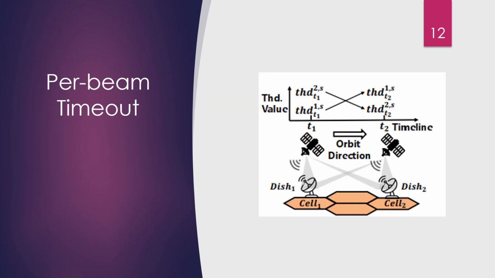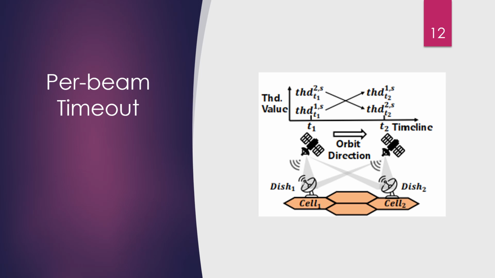Now, let me introduce the second key mechanism in SatGuard. It's the per beam timeout. In LEO networks, satellites use multiple beams to serve different areas, and each beam may experience different delay. This can cause packets sent at the same time to arrive at different moments. Traditional timeout mechanisms often mistake these delayed packets as lost, triggering unnecessary retransmission.